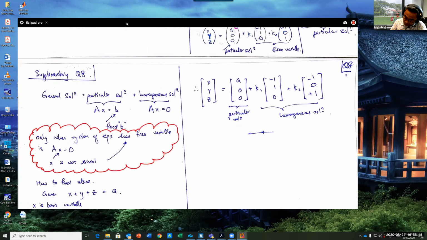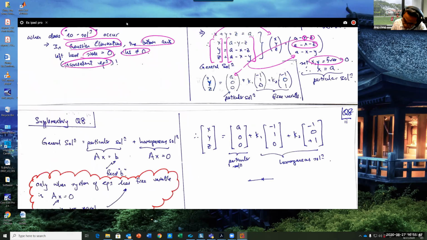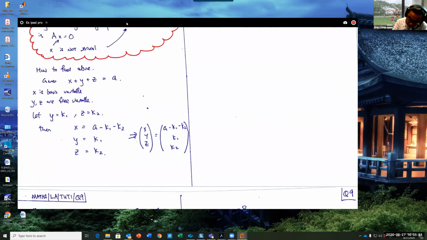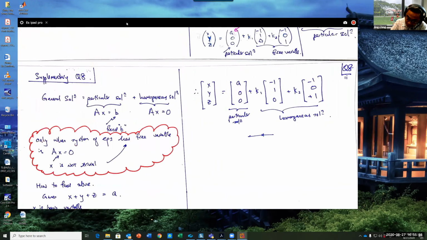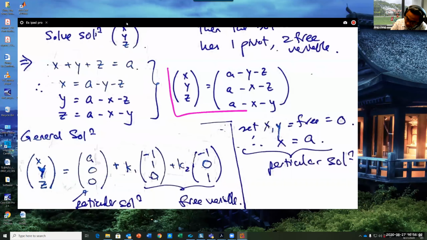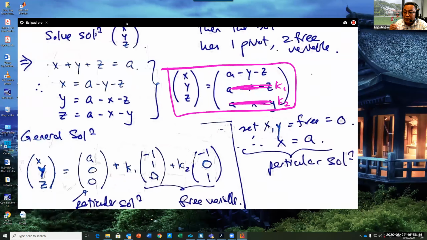I see. Okay. I'm going to use this slide instead. The only interesting thing was, I always make this mistake, sorry. When I'm in this equation, actually y and z are free variables. So I can ignore this equation and write y equals k1 and z equals k2. That's the trick, because they are free variables.